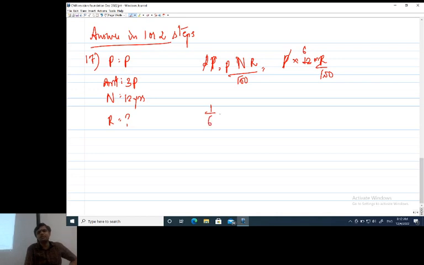So 1 by 6, which is 0.1666, and so on and so forth. Am I right? It's a recurring decimal. This is equal to R by 100. So my rate is 16.67%. Clear?